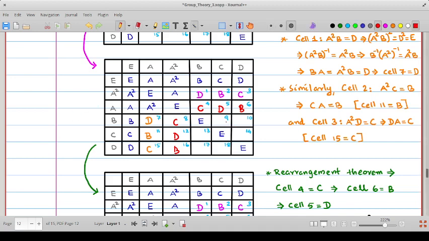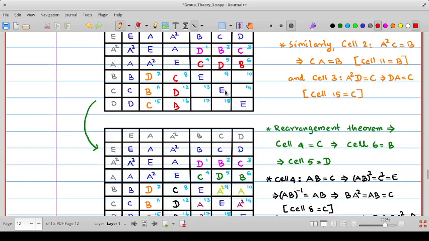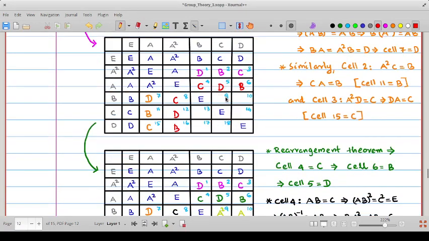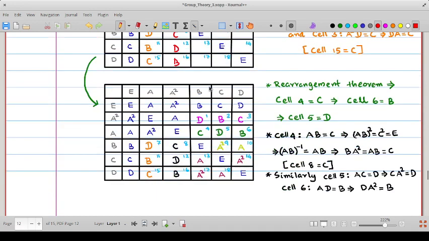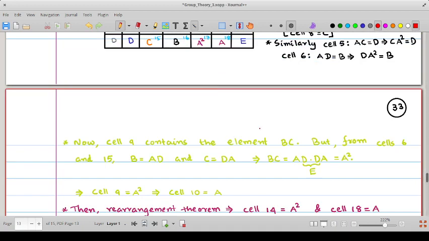So we need to determine precisely what they are. For that, we note the following. This cell number 9 is equal to B times C.